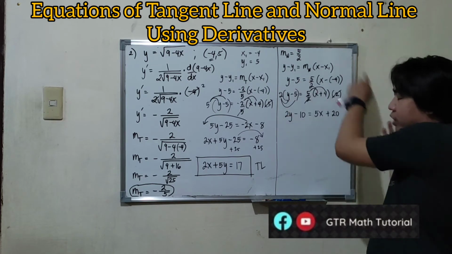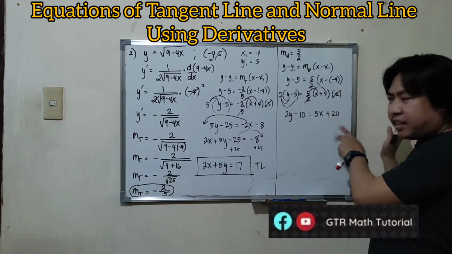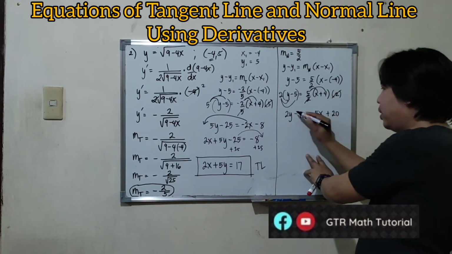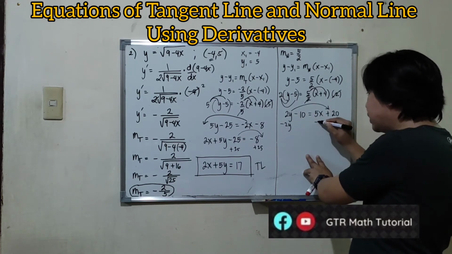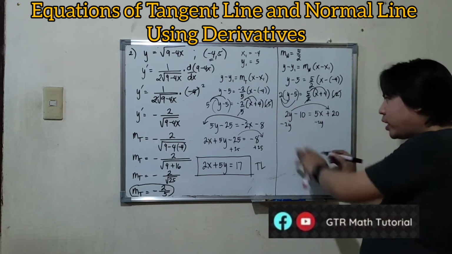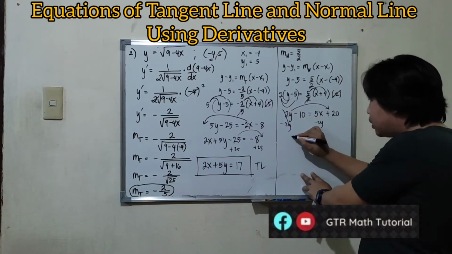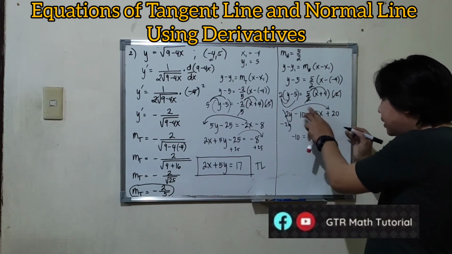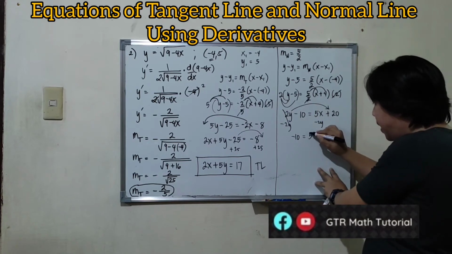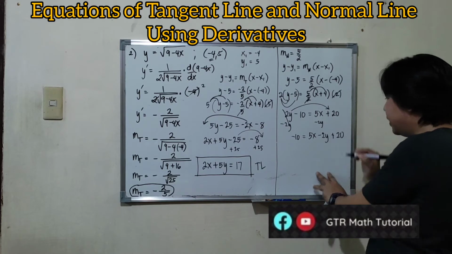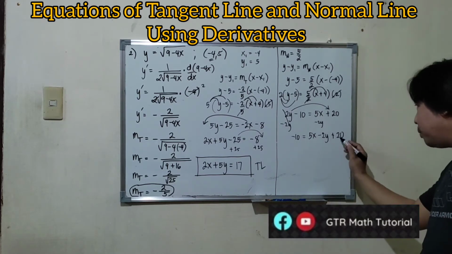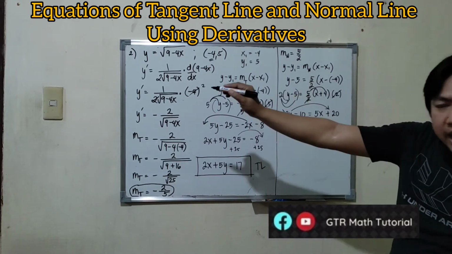So let's put y to the right side dahil positive na yung 5. So put this to the other side by subtracting 2y to both sides. Okay, subtract 2y to both sides, so this will become 0. So we have negative 10 equals, just copy all the 3 terms. So we have 5x minus 2y plus 20. Okay, then put positive 20 to the other side.